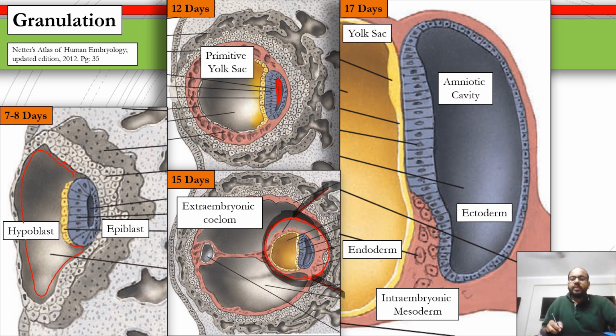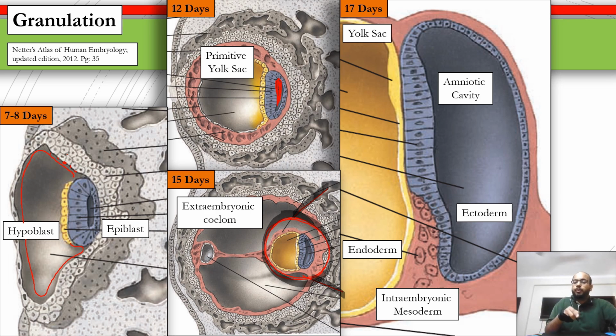Clear? Now, one thing to remember and understand very clearly is that all the three cell layers, endoderm, ectoderm, mesoderm, arise from epiblast cells. Clear? So where are the hypoblast cells? What actually happens is that epiblast cells keep on dividing to form newer cells that go downwards and replace the hypoblast cells.